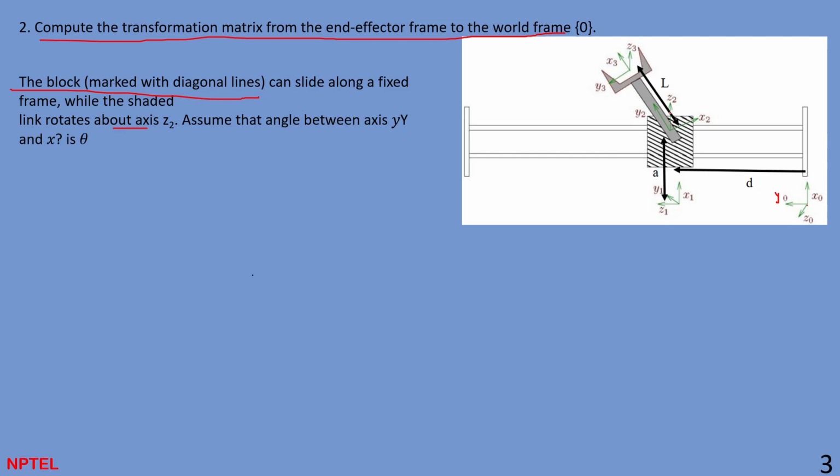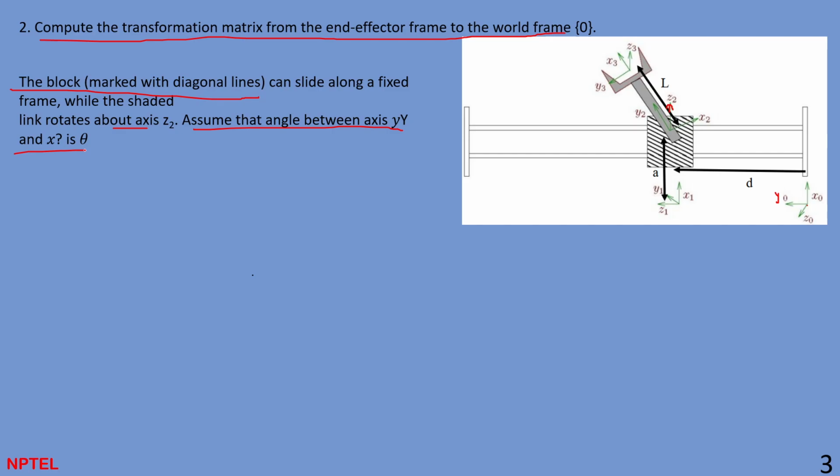This is the z2 axis here, it's been shown. Assume the angle between y2 and y1, and x1, and so on.